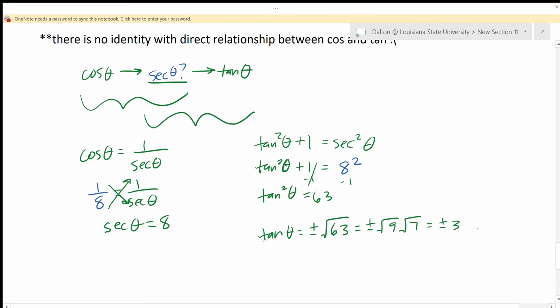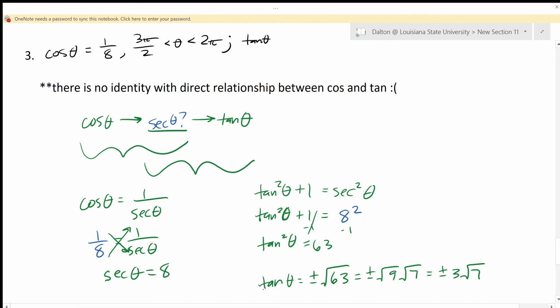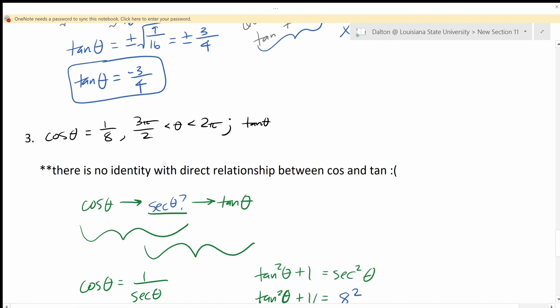So 3 square root of 7. Again, you've got plus or minus, and you need to decide, did I even talk about the quadrant? No. What quadrant is between 3 pi over 2 and 2 pi? Quadrant 4. So in the fourth quadrant, is tangent positive or negative? Tangent must be negative in the fourth quadrant.